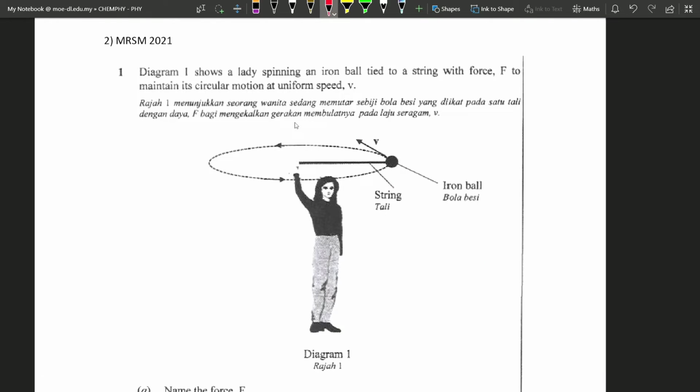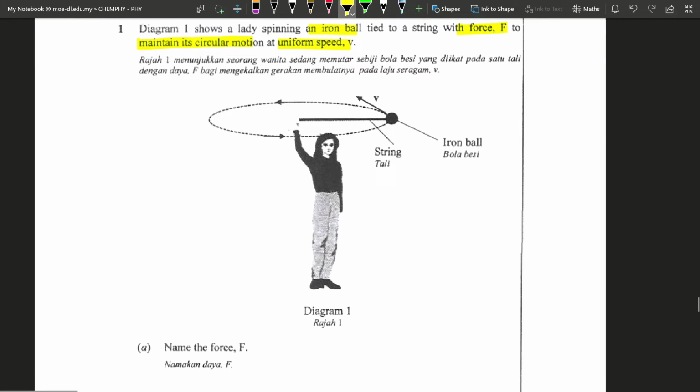Next soalan dari MRSM 2021. So diagram 1 shows a lady spinning an iron ball tied to a string with force F to maintain its circular motion at uniform speed V. So kita ada satu perempuan tengah, sama juga situasi dia, memutarkan sebiji bola besi pada satu tali.